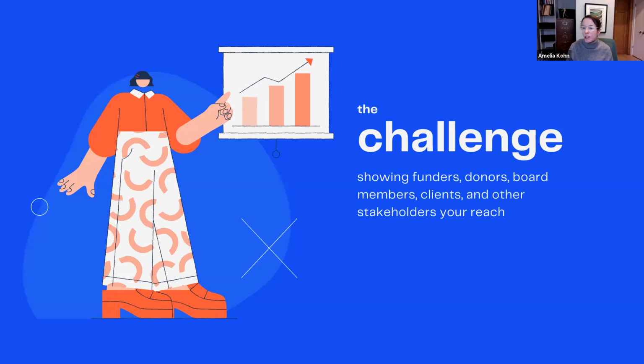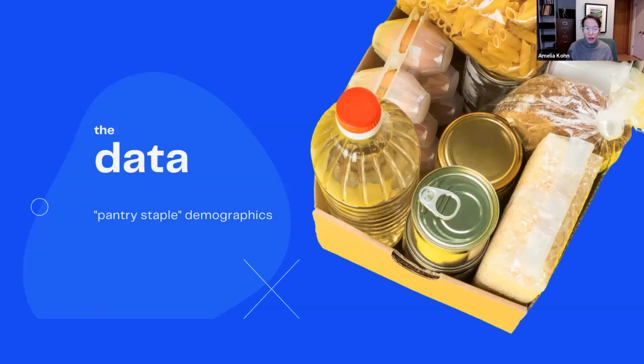Who are you reaching? What communities are you reaching? We're going to use data that you probably already have on hand. I call this pantry staple data. It's data that most organizations collect. In this case, we're going to be using demographic data.